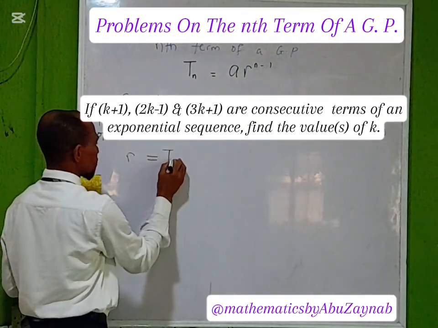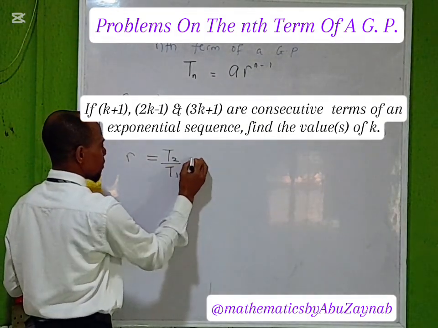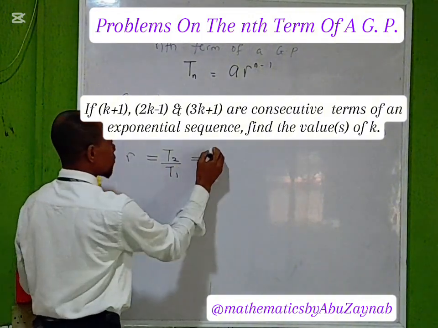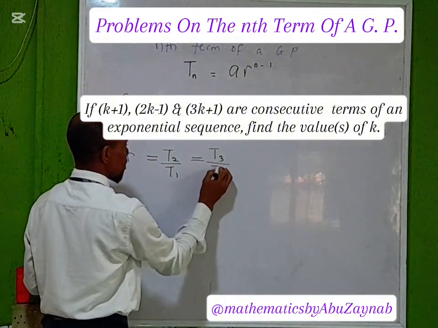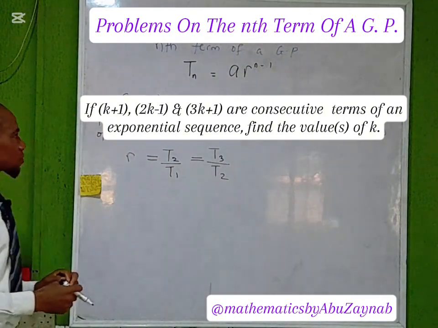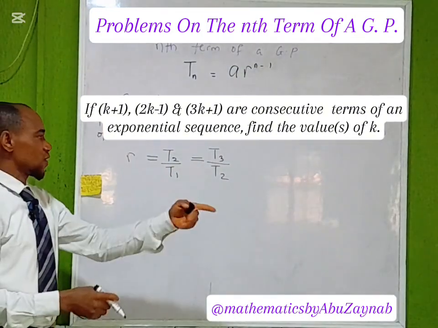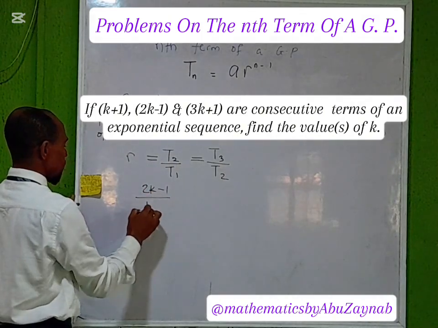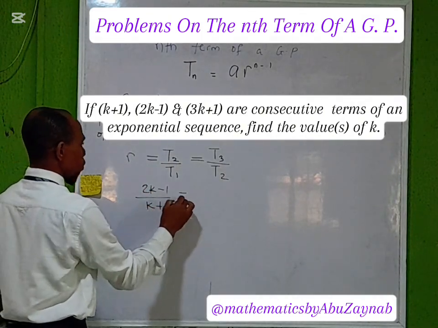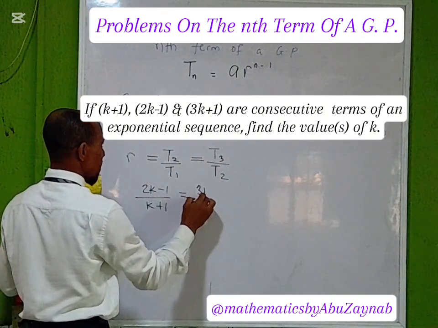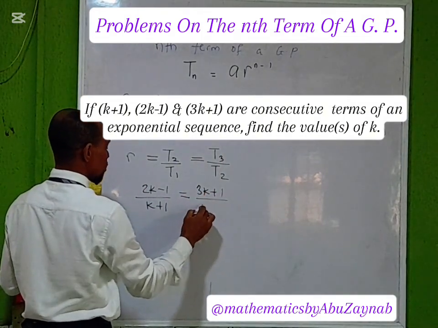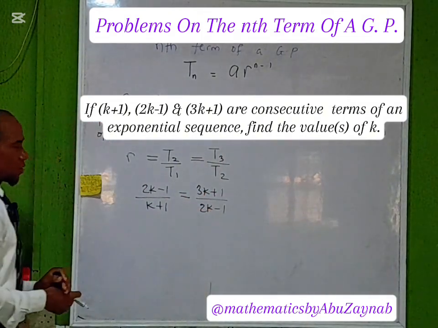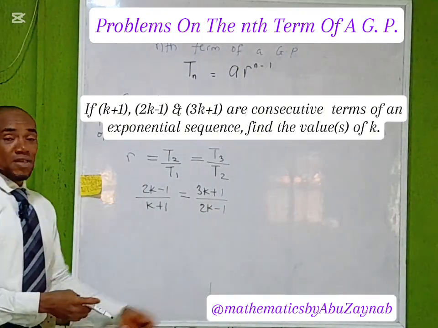Second term over first term, which must necessarily be equal to third term over second term. So since they are consecutive, you can go ahead and say, okay, (2k minus 1) over (k plus 1) on one hand equals (3k plus 1) over (2k minus 1) on the other hand. Each of them represents the common ratio.